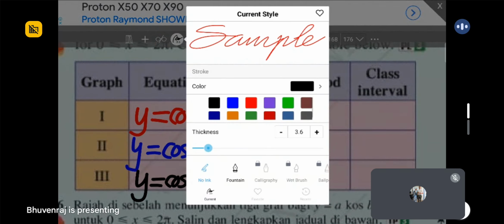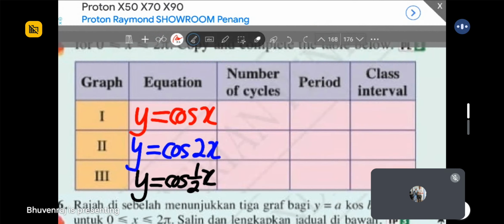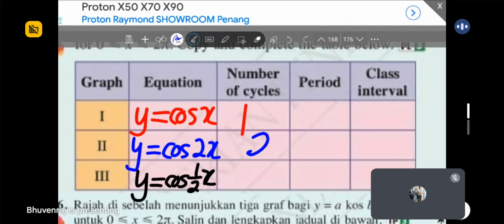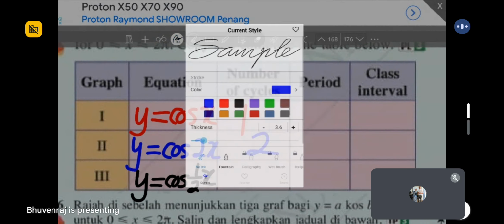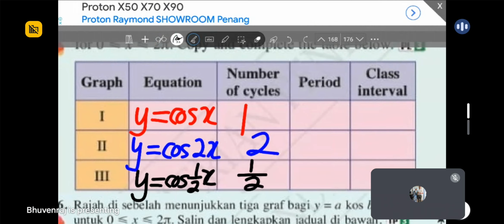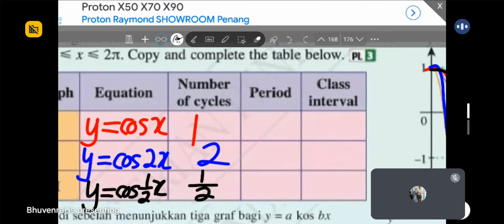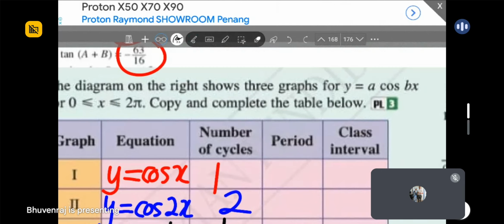Once you get the equation, it's very simple. This one is 1 cycle, this one is 2 cycles, and the last one is half cycle. For the period, you must count using a formula, so remember this formula.